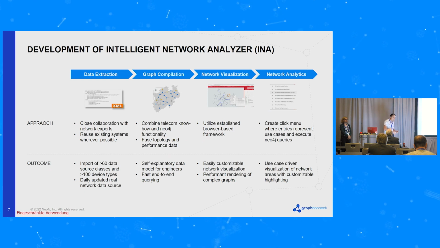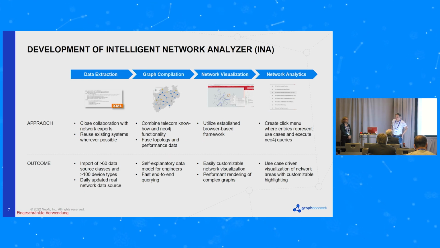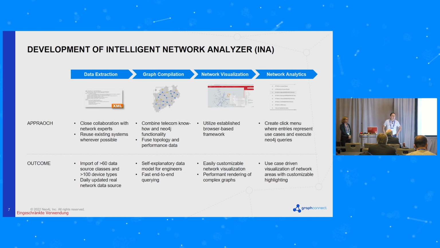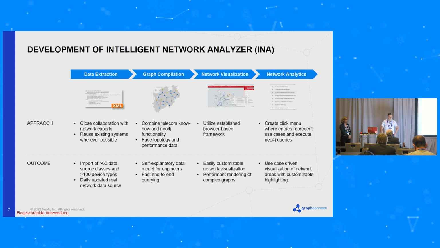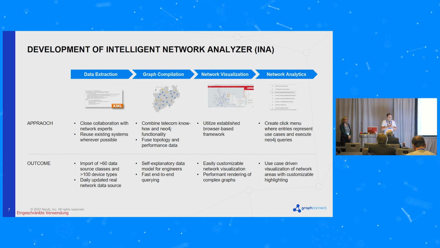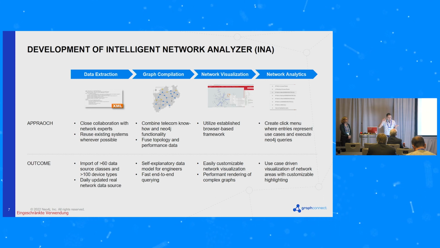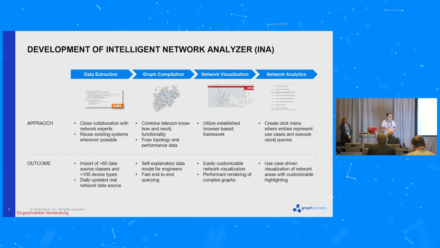So this was the idea to build the digital twin. We call it the Intelligent Network Analyzer. That means we extract the complete data out of a huge mobile operator day by day, over all the details with status, config, performance, out of 30,000 routers, 50,000 switches, 80K radio stations.